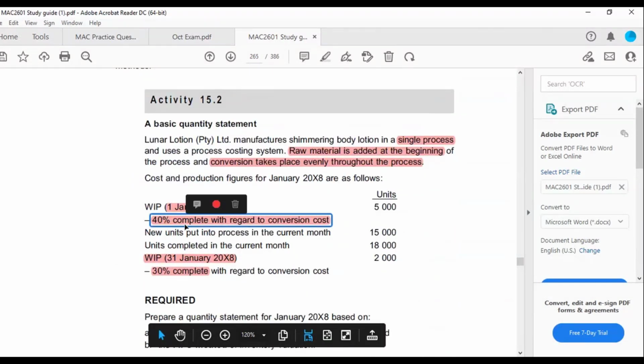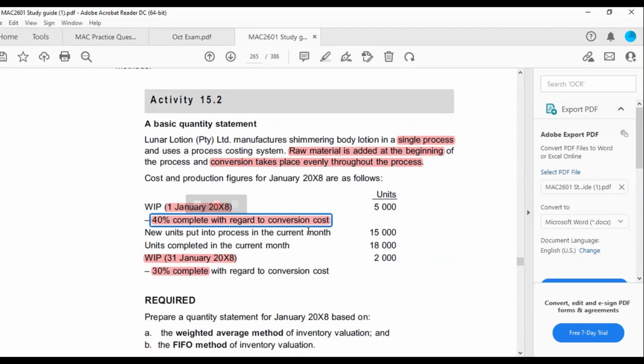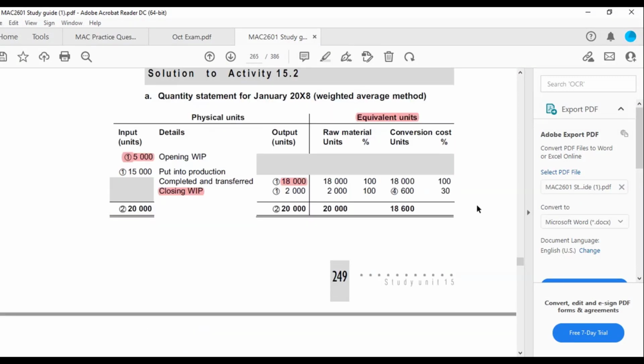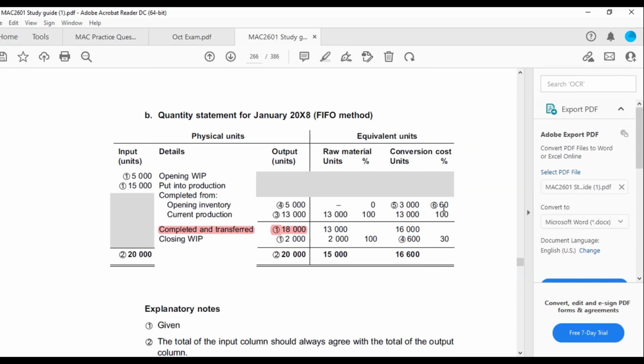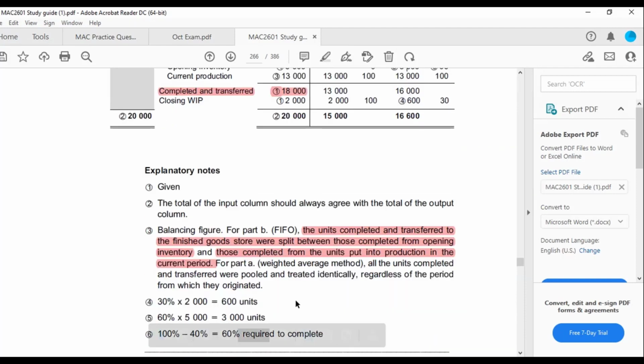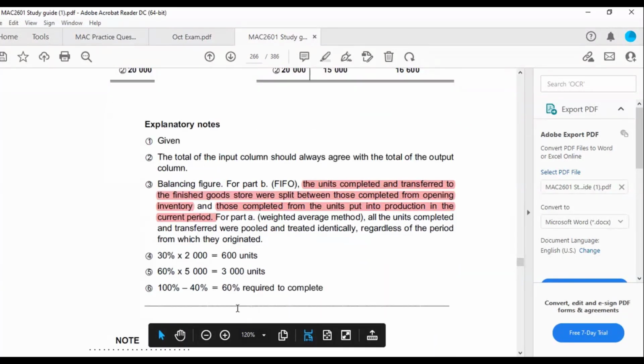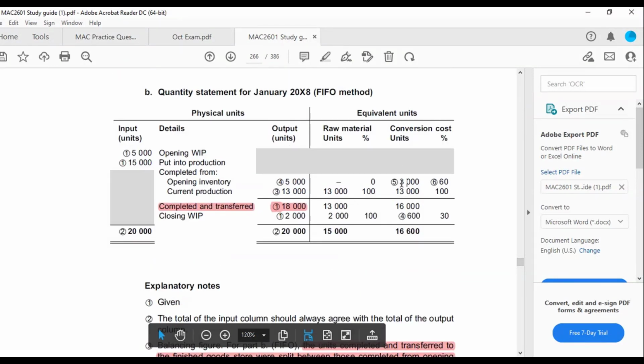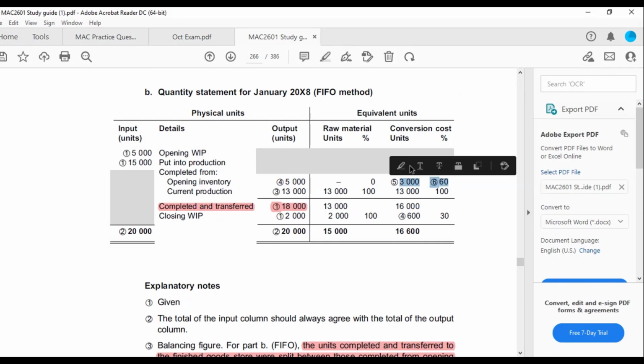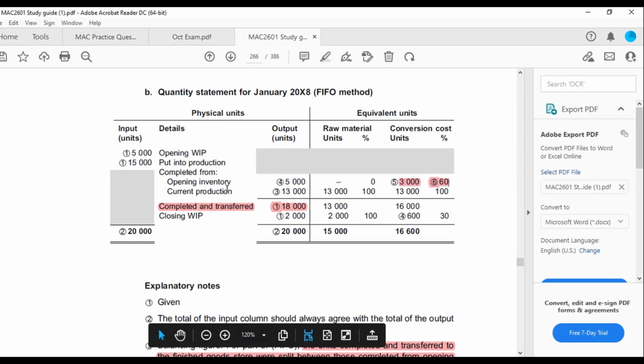They told you that 40% was completed, so you've got 60% now. That's 60% of the 5,000 that you need to show. What still needs to be completed? Remember that rule: what still needs to be completed becomes part of your equivalent units. And then when it comes to current production, it's 100, 100.